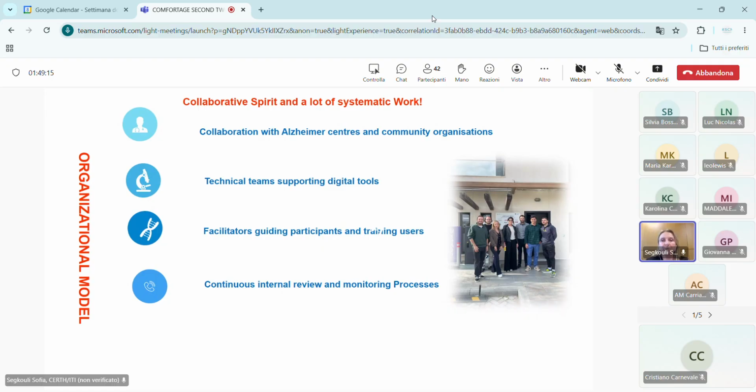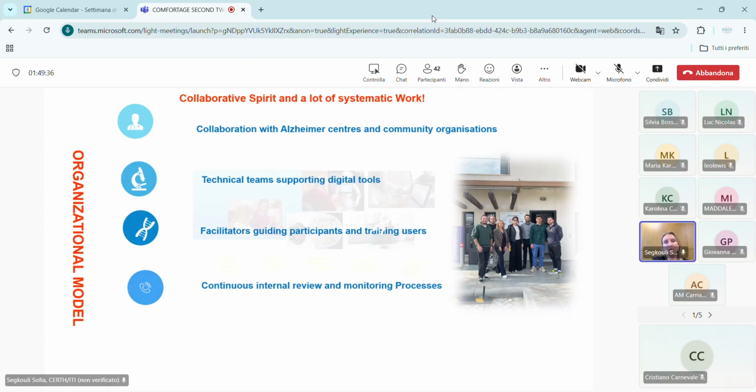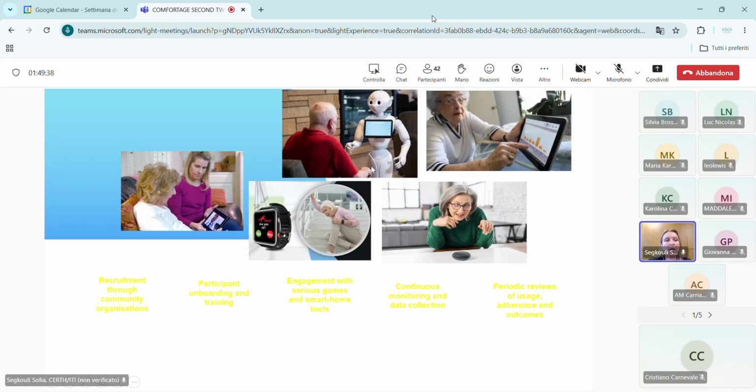So we engage them for the sake of our pilots and their effectiveness. Also, we consider continuous internal review and rigorous monitoring of the overall work that we are doing in our pilot.